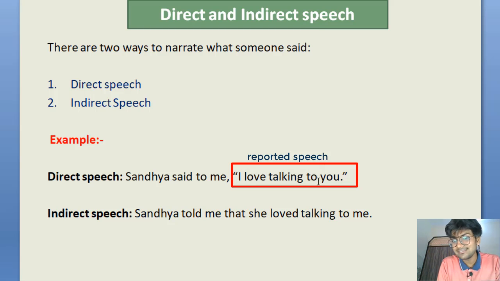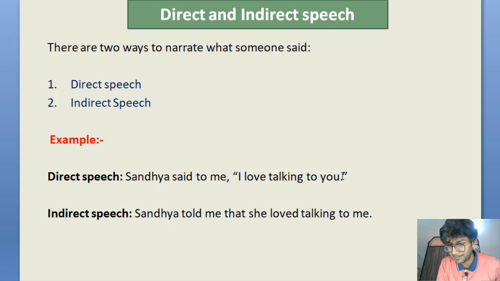That means this is the part you are narrating to somebody, and the quotation marks and the comma indicate that this message has not been touched. This is coming directly from the speaker. You are not touching it. Sandhya said to me, "I love talking to you." This is a direct speech, guys, right? This message is directly coming from the speaker.